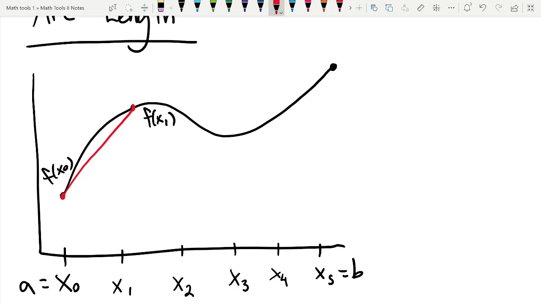So that's kind of the idea here. So we're going to do this with all of these points here. Okay. So we're just going to keep drawing lines between these. Some of these will be better approximations than others. Like this part right here, it's relatively straight. So it's going to be a very good approximation of the actual arc length.